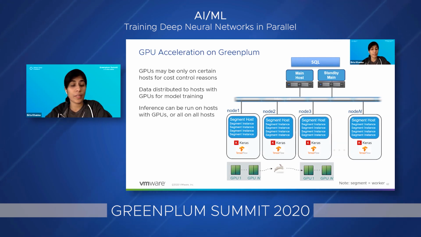And since GPUs are expensive, for cost purposes, our customers can have GPUs attached to fewer segments for training deep learning neural networks. Accordingly, the data set would be distributed on those GPU related segments. Next slide.